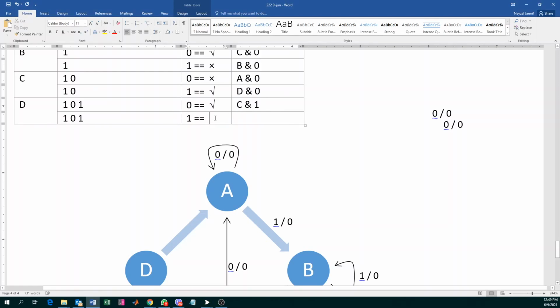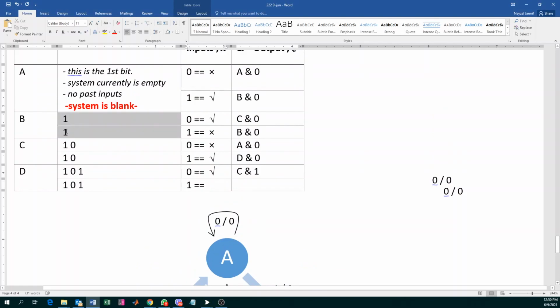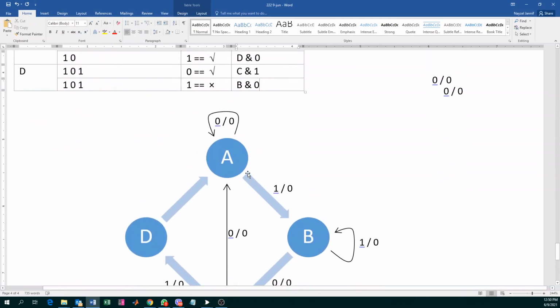And if it's a 1 0 1 1, the 1 can only go where we have a 1, which was B. Obviously, we don't move forward. We go to B, and our output is a 0. So let's just finish this off.